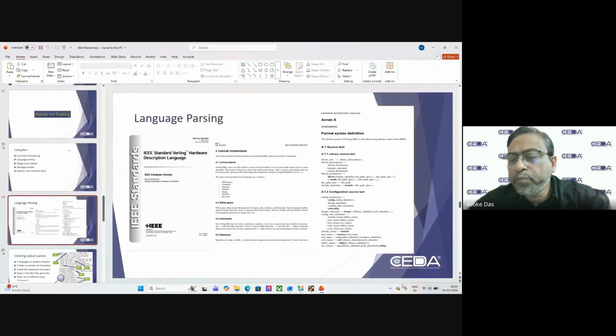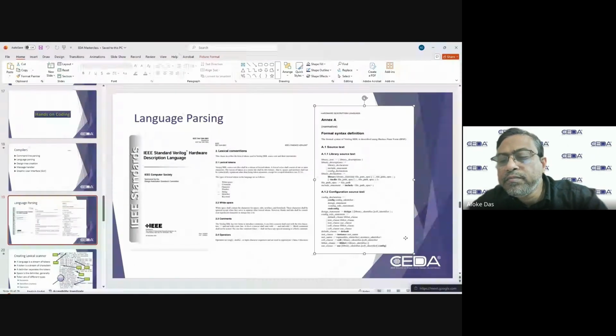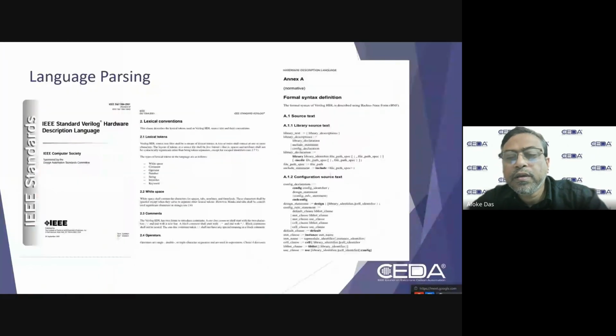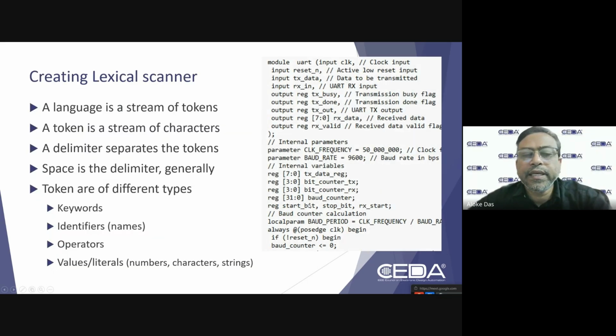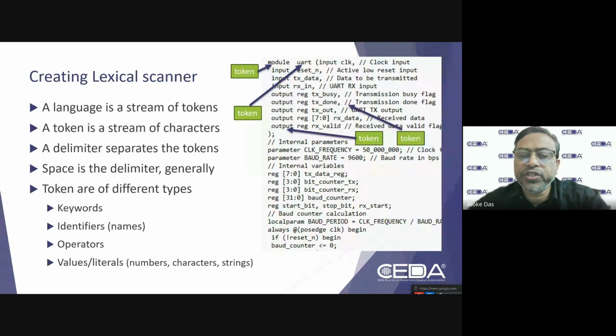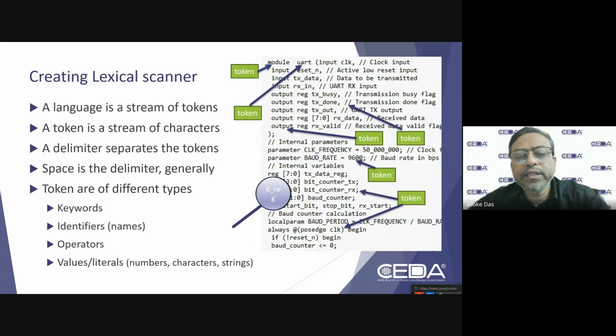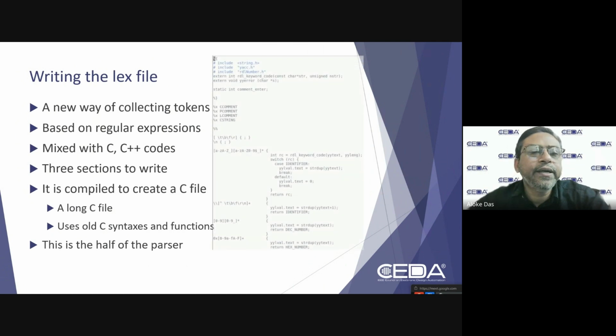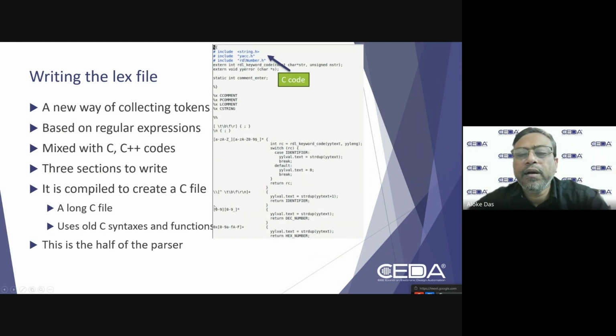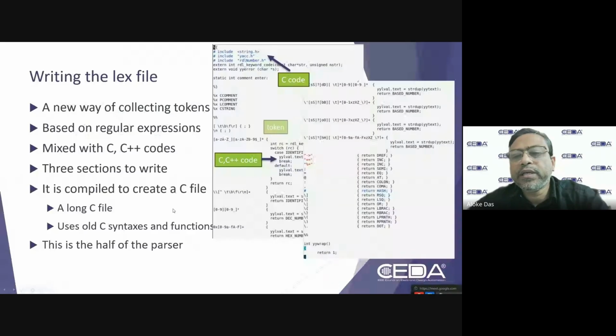Coming back to the presentation, the right side is the same rule, and we have then talked more about the lexical scanner. All these things we have done in the last session, and we have explained extensively how each keyword and character is scanned, and out of that we create tokens, and these tokens are returned like C functions.